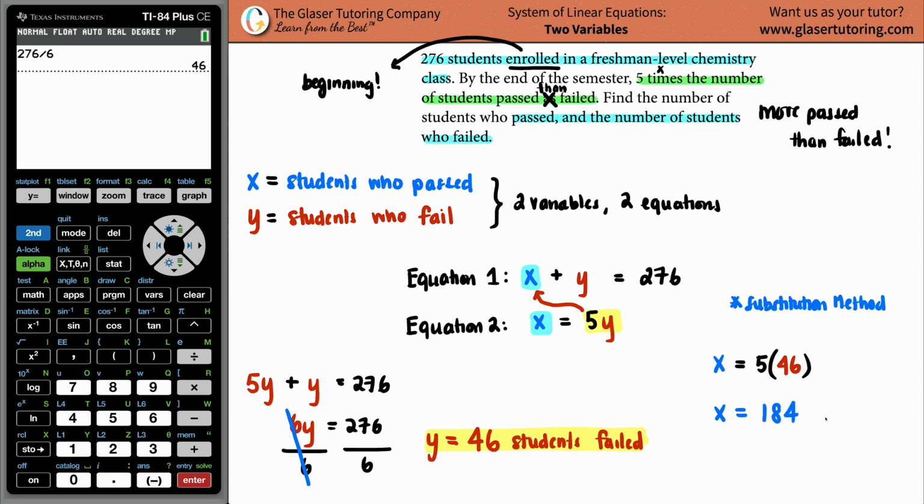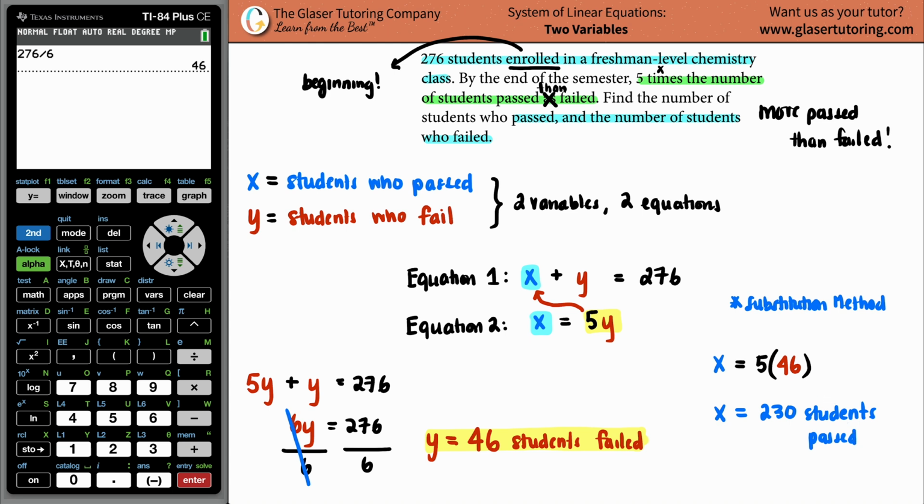No, that can't be right. It's got to be more than that, because 5 times 40 is 200. Plus 5 times 6 is 30. So, yeah, that's got to be 230. And that's students. I don't know where I got the 180 something. 230 students passed.